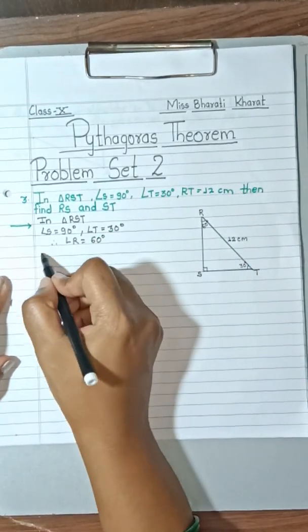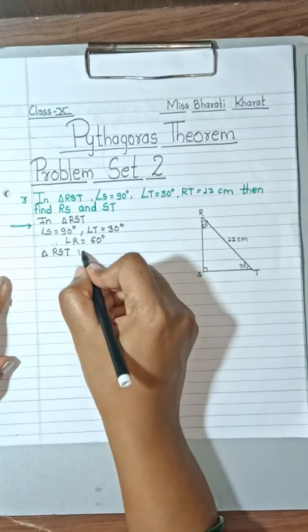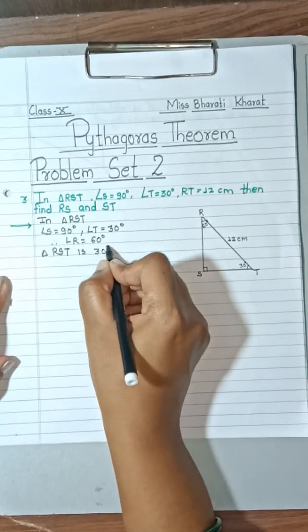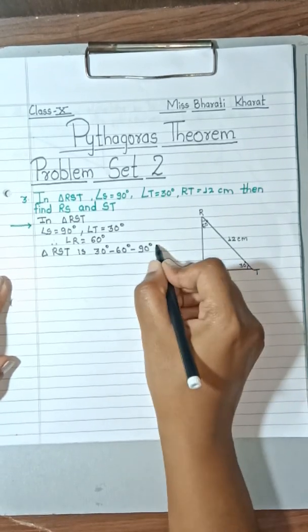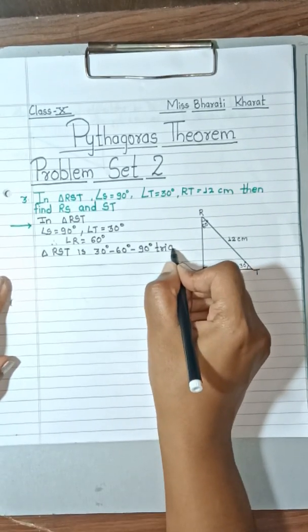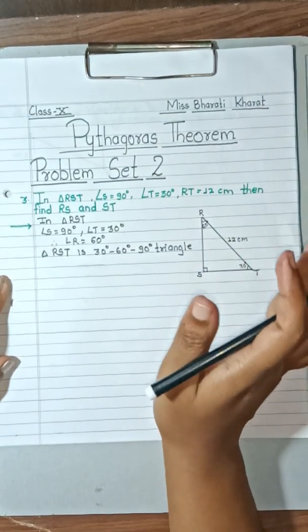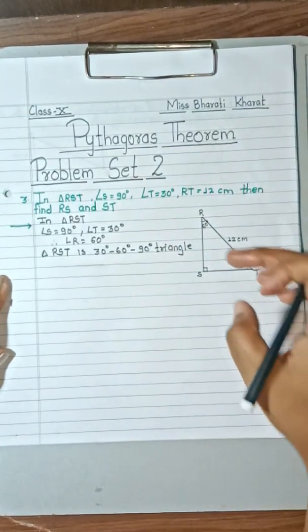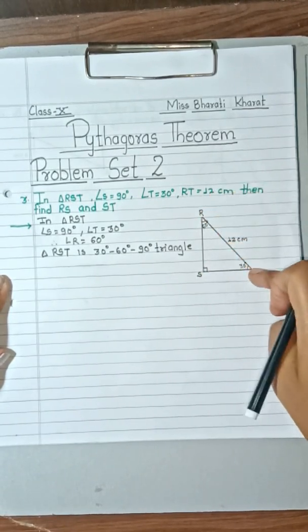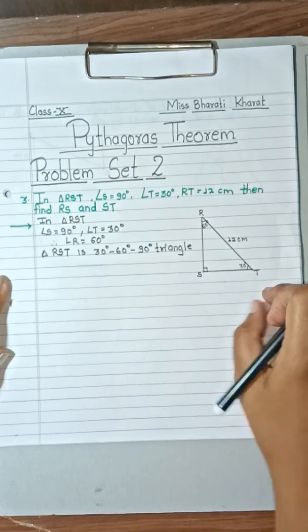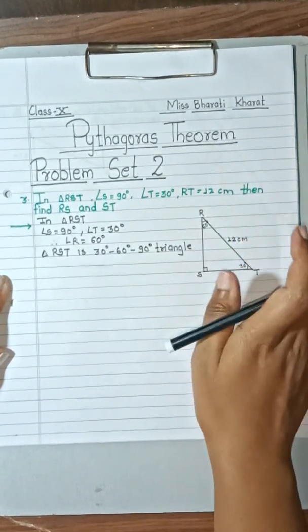That means triangle RST is a 30-60-90 triangle. Therefore you very well know that RS will be half of RT, whereas ST will be root 3 upon 2 times RT.